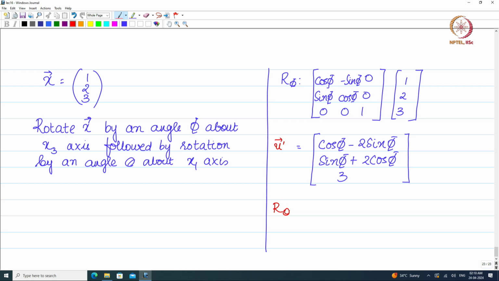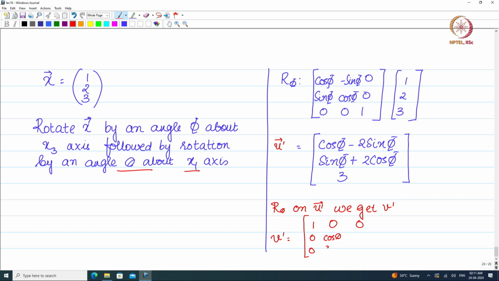I am going to apply r theta on u prime, and I am going to get v prime vector. So, what is that? V prime is equal to, what is r theta? Rotation by an angle theta about x1 axis, which means my x1 component is fixed now. My x2, x3 is the plane in which I am going to have rotation.